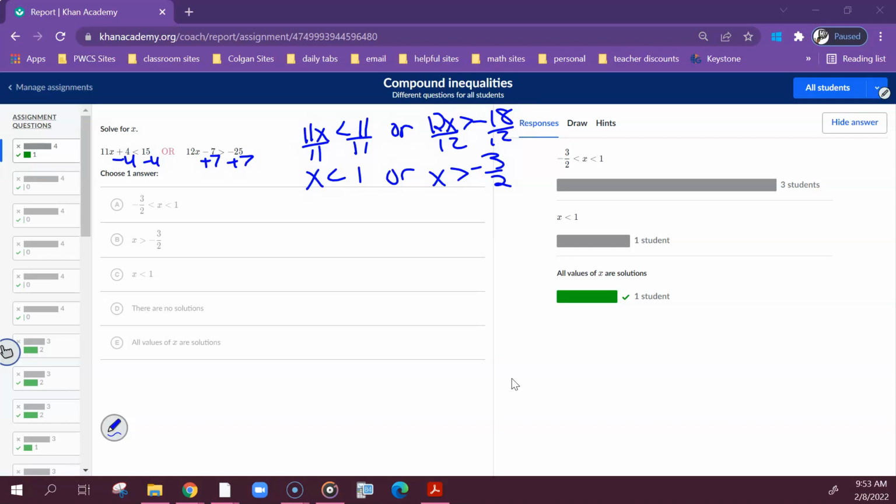And if I were to graph those both on a number line, that was not the straightest number line. That's okay. So -3/2 is between 0 and -1, just somewhere here. And that would be going to the right.